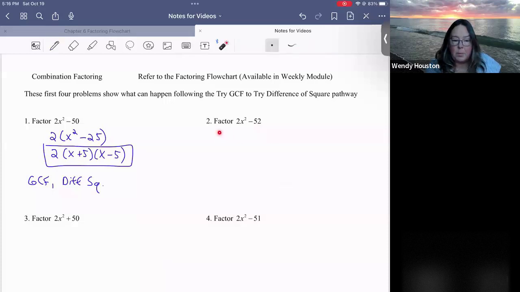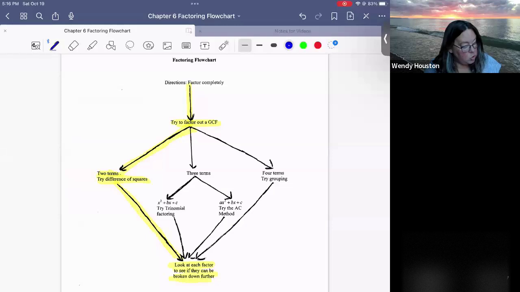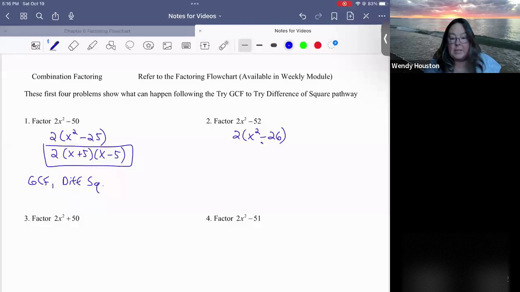So looking at the second example, we also start out again with the GCF. They're both even, so I can take a 2 out. That gives me x squared minus 26. So we're still trying a difference of squares, and we're optimistic because it's a difference.